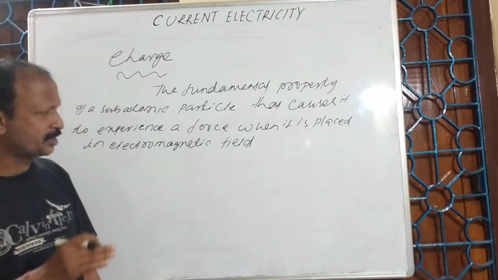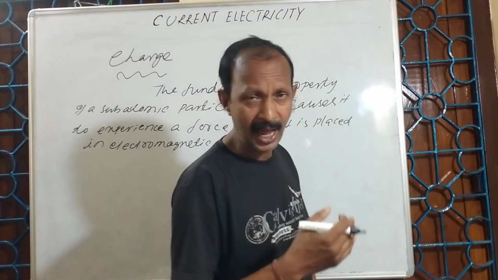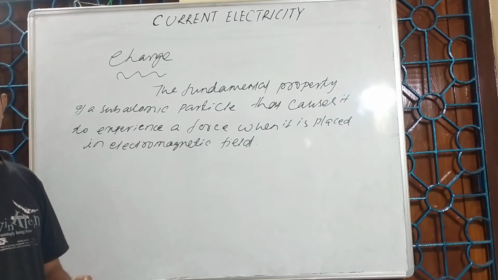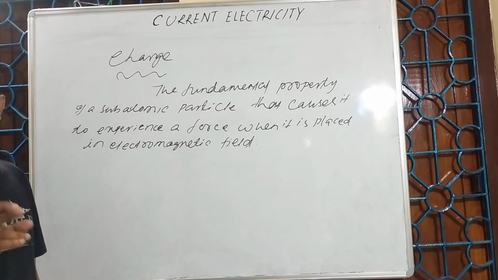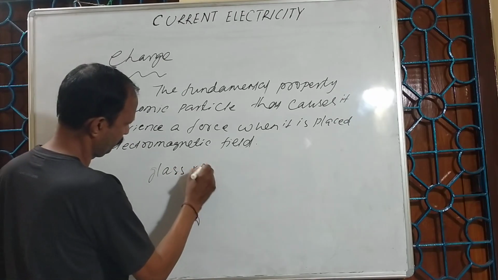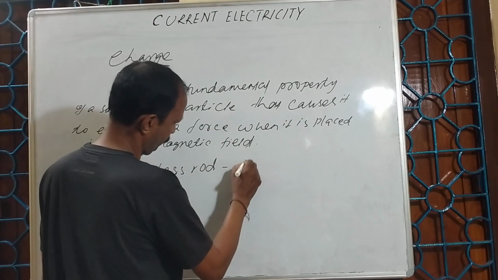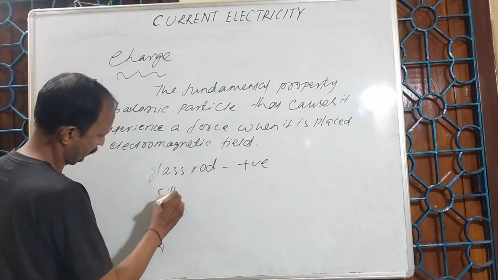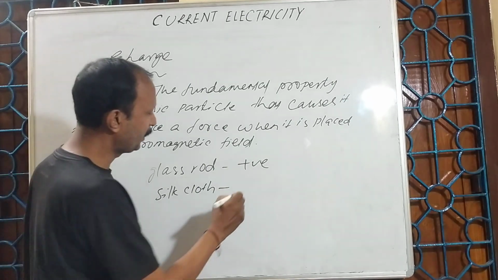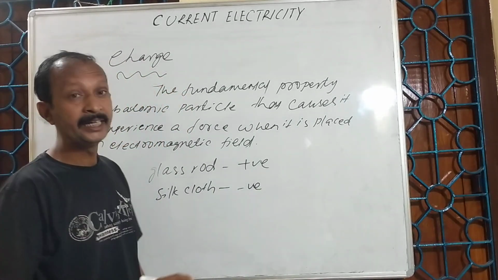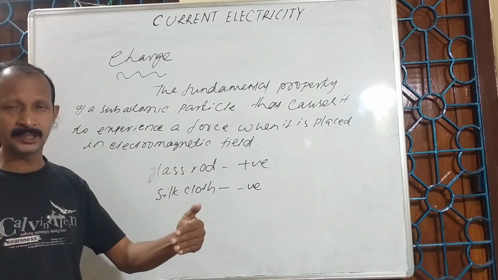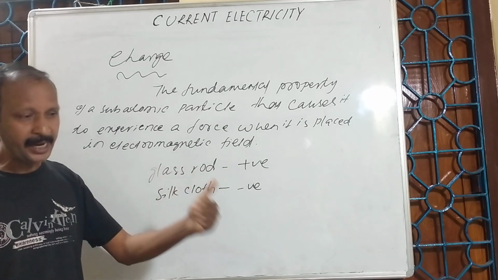Conventionally, we accept there is a transfer of electrons from the glass rod to the silk cloth. So the glass rod, losing the electrons, becomes positively charged, conventionally we accept, whereas the silk cloth, gaining the electrons, becomes negatively charged. It is conventionally accepted that the glass rod is positive, whereas the silk cloth is negative.